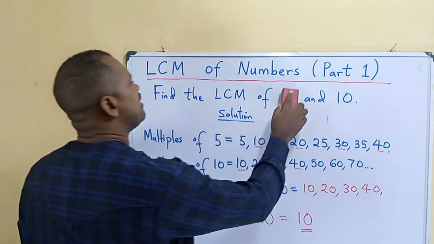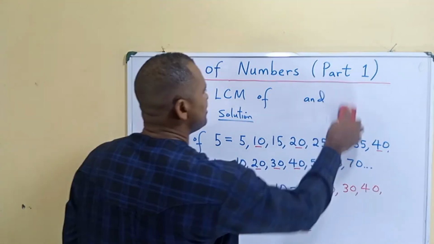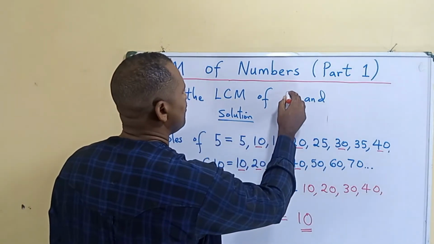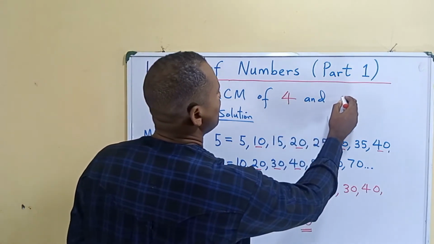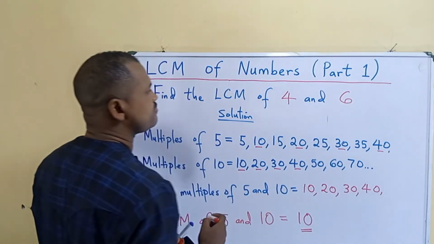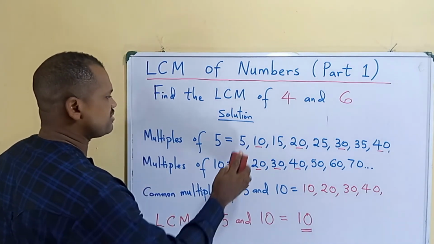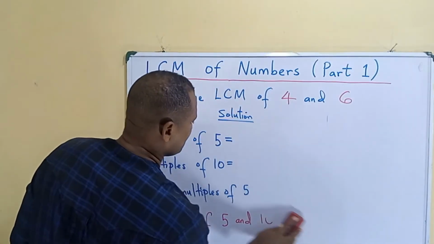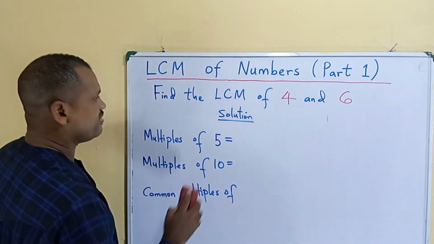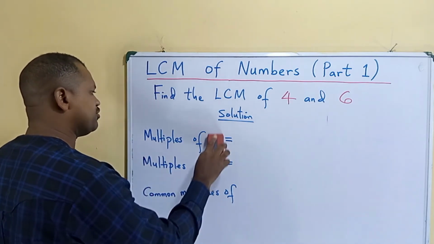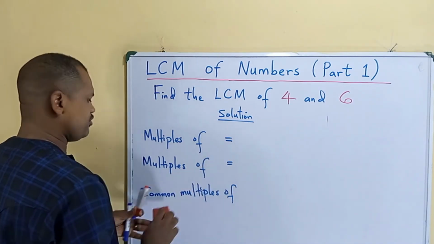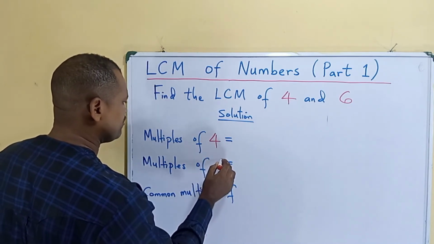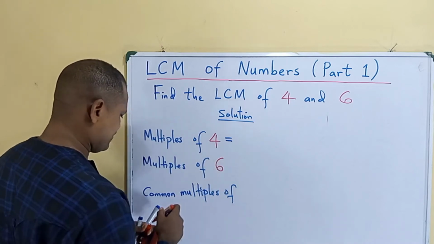method. Let's say you are asked to find the LCM of 4 and 6. So the first thing to do is to list the multiples of 4 and the multiples of 6.